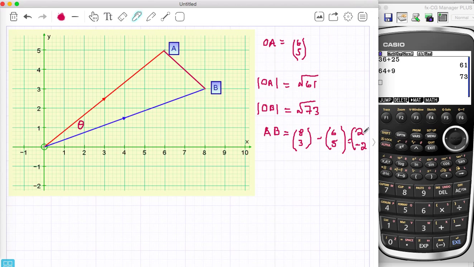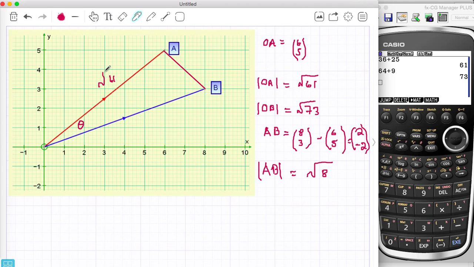Okay, so I'm going from A to B, I will go along 2 and down 2, and then the length of that is 2 squared plus 2 squared, which is the square root of 8. So now I've got each square root on there, root 61.